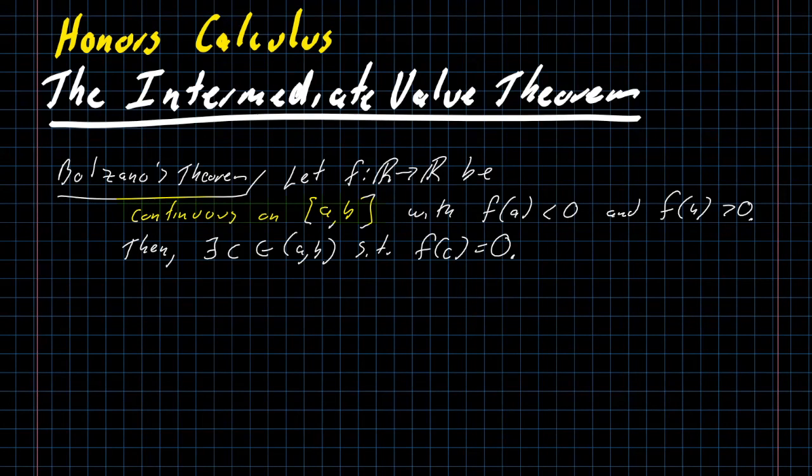Before I get into the proof, I want to take an aside here really quickly and look at continuous on the closed interval from a to b. We know the definition for continuous at a point. The function exists, the limit exists, and the limit gives you the value of the function.